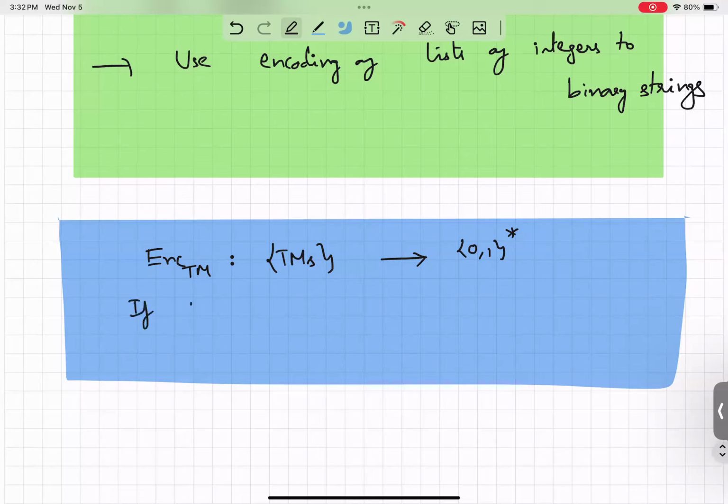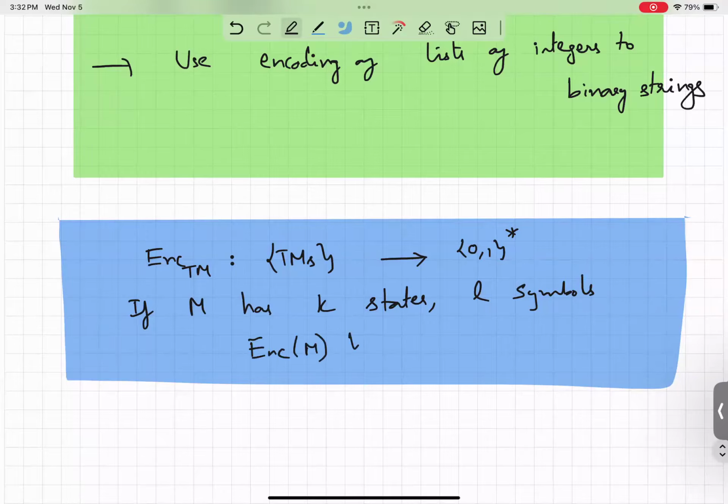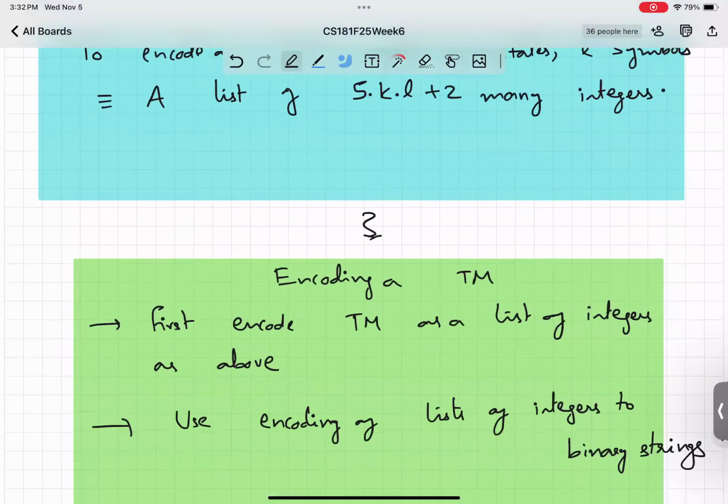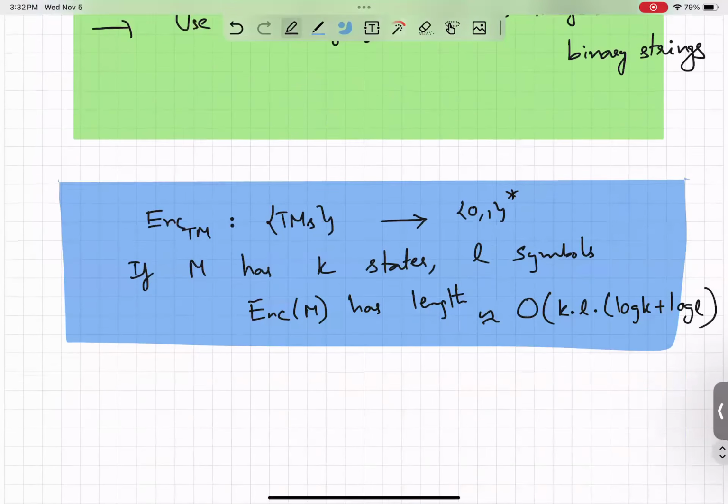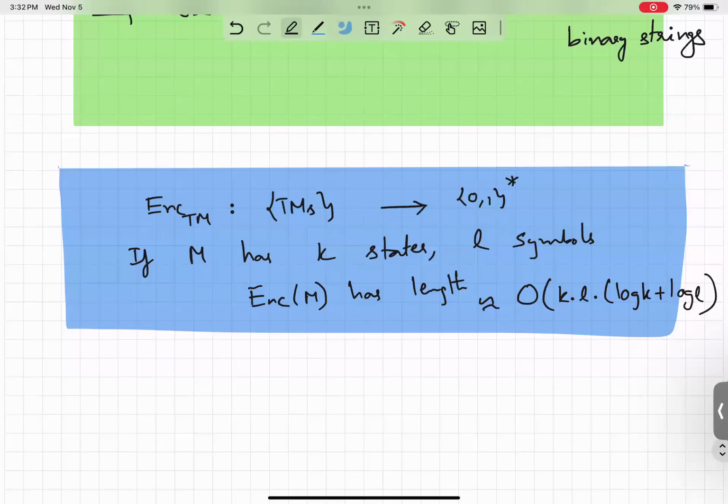So if M has K states, L symbols in the alphabet, then the encoding of M has length roughly K times L, because that's how many integers you have, up to constant factor, and log K plus log L, because each number takes some number of bits.